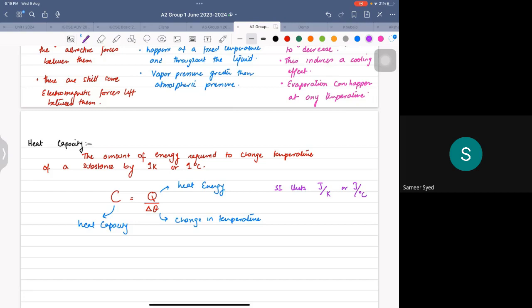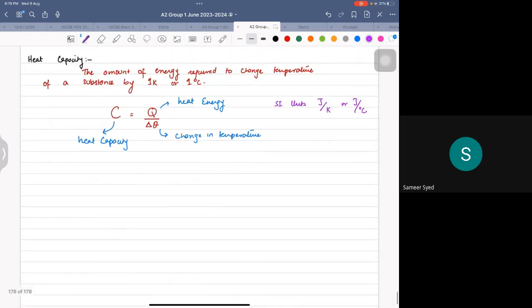Now, specific heat capacity. This is the amount of energy per unit mass.